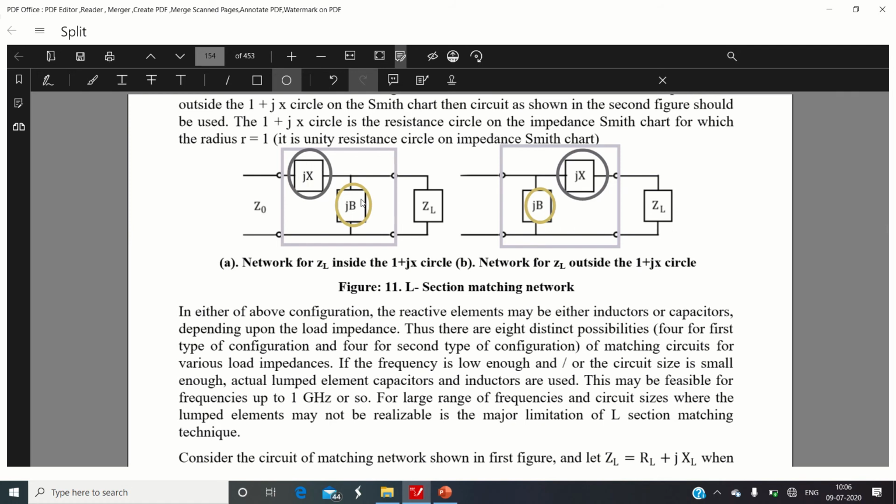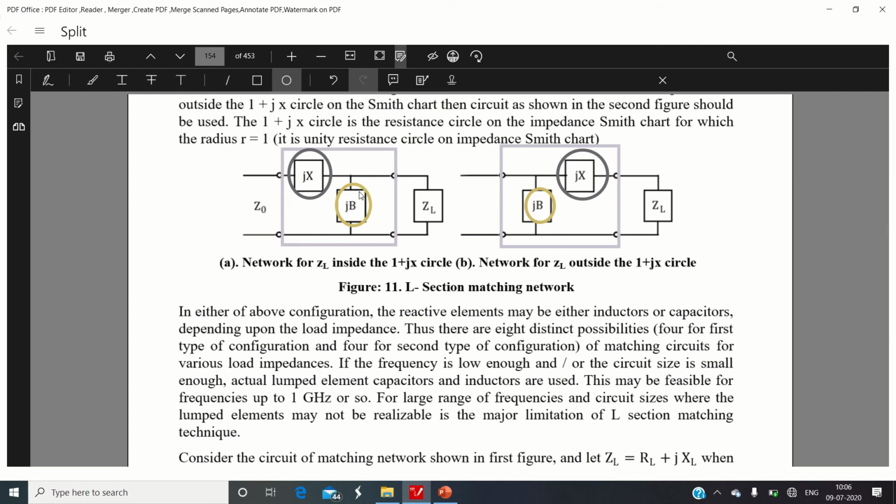There is another imaginary part called jB, where B is called susceptance. Susceptance is the reciprocal of reactance. jB normally stands for capacitive reactance when used in a parallel configuration. So the reactances are arranged in series and the susceptances are arranged in parallel.